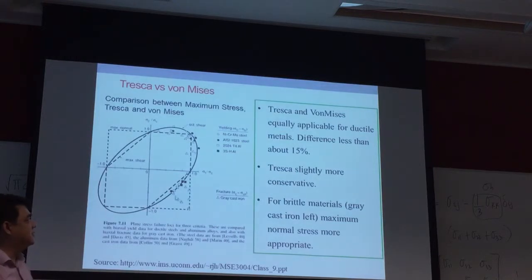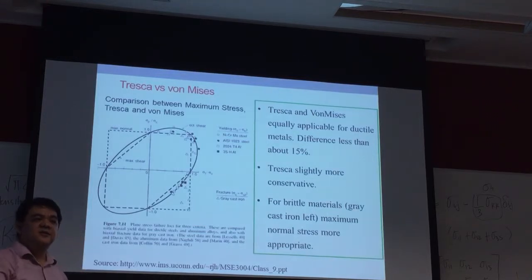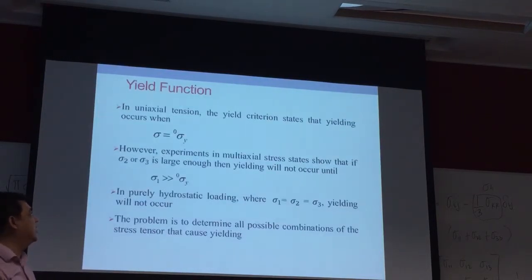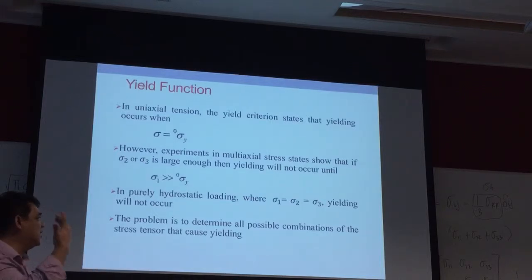And so ductile for von Mises, brittle for maximum normal stress or principal stress. So know your material, know the type of the material you're using. Yes, before you even try to apply your failure criteria. Okay, so these are just some yielding criteria that you can have a look at.